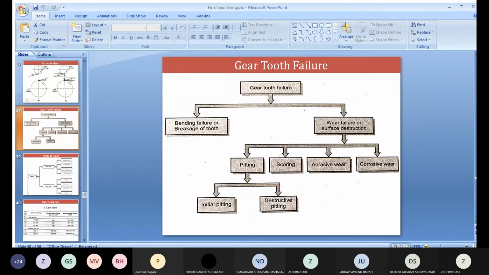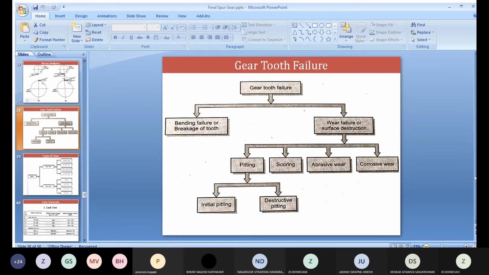So corrosion, of course, corrosion means what? It is a chemical process. It is the reaction between atmospheric oxygen and the temperature at the time of meshing, that temperature creates the chemical reaction and that leads to corrosion. Correct? If we are using the lubricant, there will be the formation of a protective layer between the surfaces, and that leads to smooth operation between the gear tip profile.